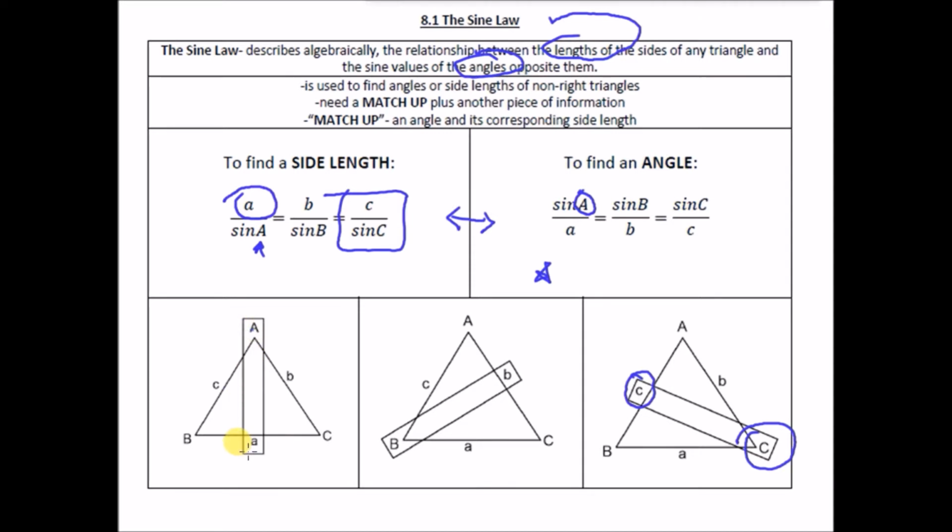Angle A and side a: if you have both of those labeled plus any other piece of information, you can use the sine law. Angle B and side b: again, you can use the sine law if you have angle B, side b, and any other piece of information. By any other piece of information, we mean any of the other 2 angles or any of the other 2 sides.